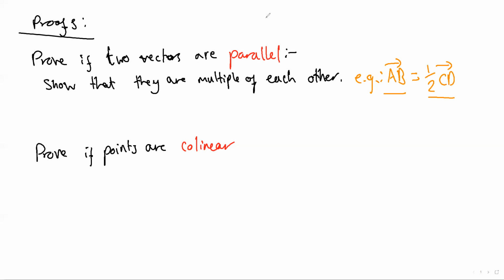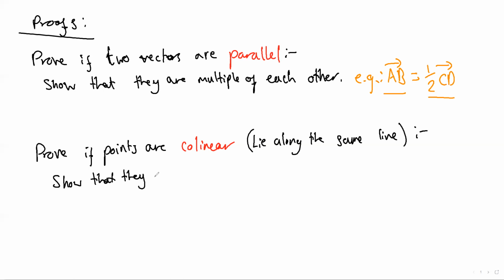Now, collinear just means that they lie along the same line. So you'll usually be given 3 points, and you have to show that they lie on the same line. So what you need to do here is you need to show that they share a point and are parallel.